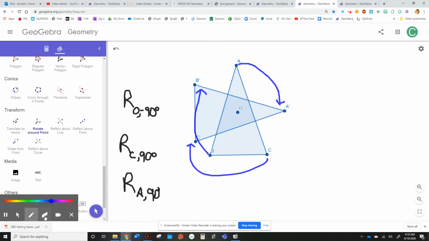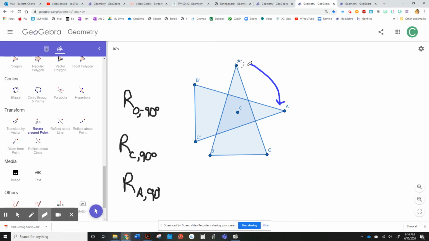Let me erase that. And now I'm going to move that. Oh, good grief. I should have just backed up.